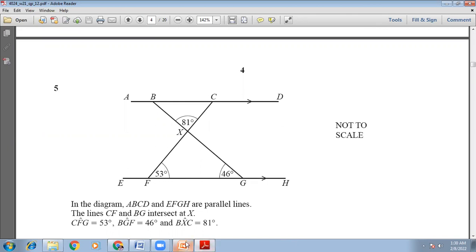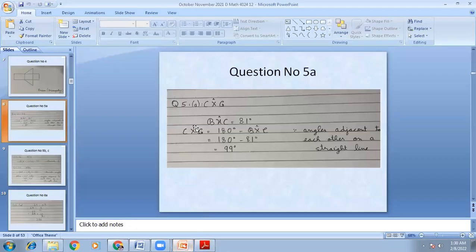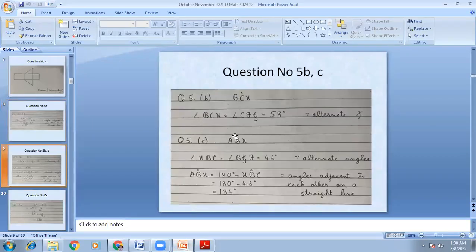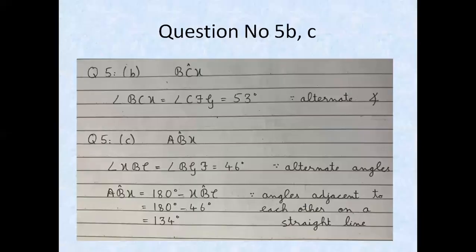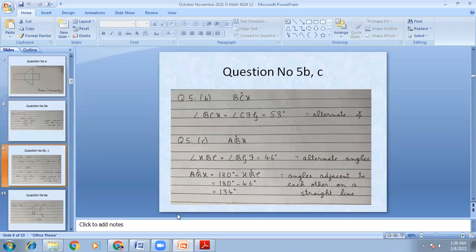So you can see the BCX will be equal to the CFG, which is 53, because they are alternate angles. Very simple.